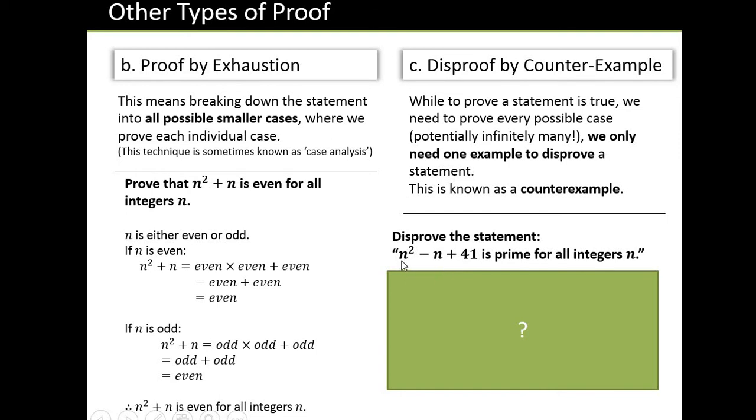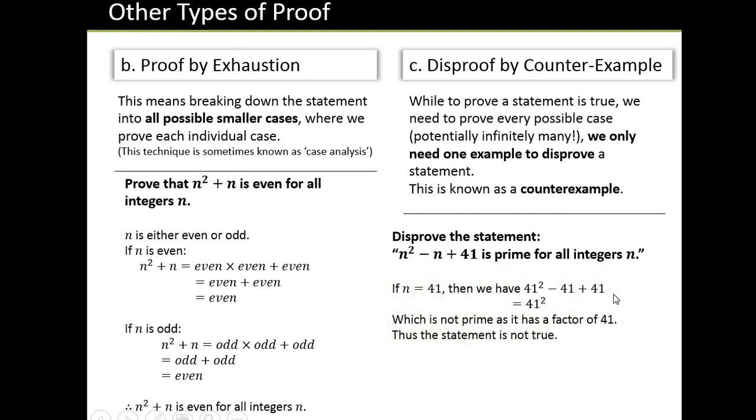So if you've got n as 41, look, you'll get 41 squared, take 41, add 41, which means they'll cancel, and then you're left with 41 squared. Well, 41 squared, whatever that is, will certainly not be prime because, of course, 41 is a factor of 41 squared.